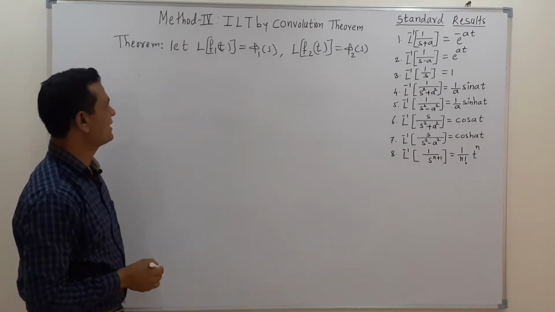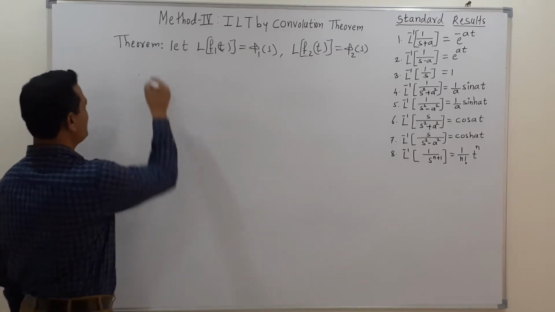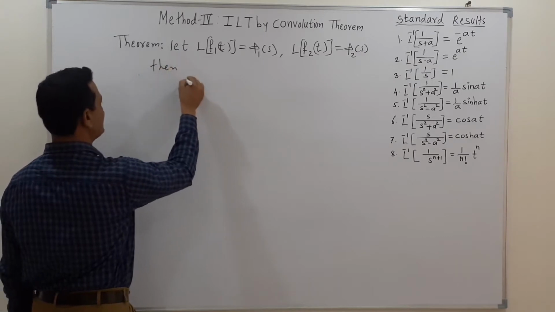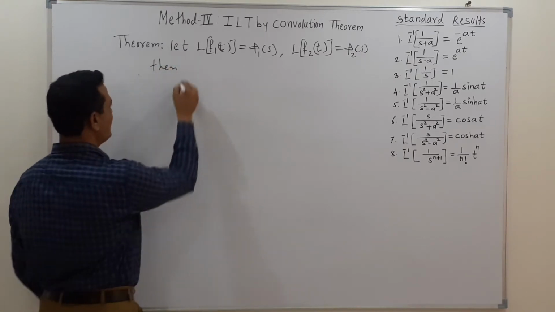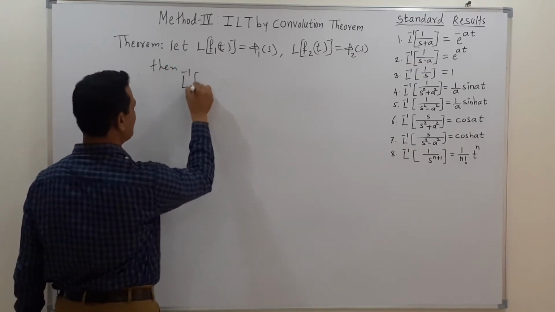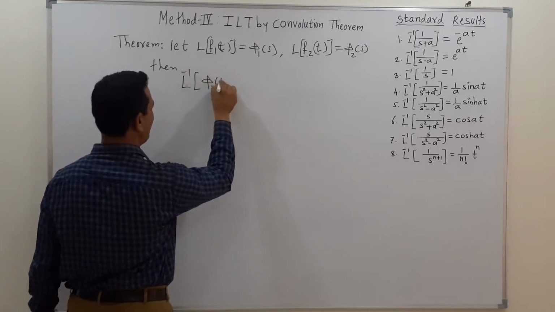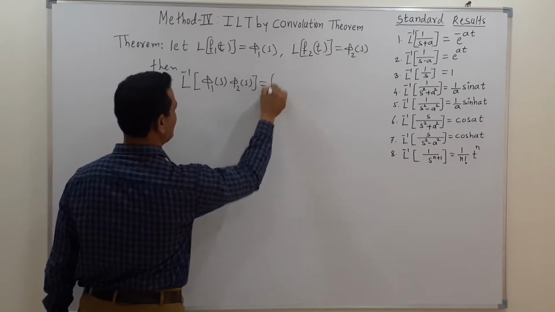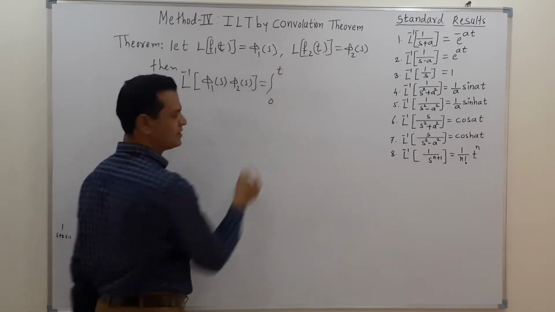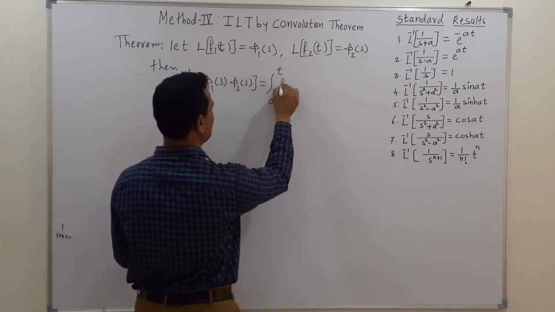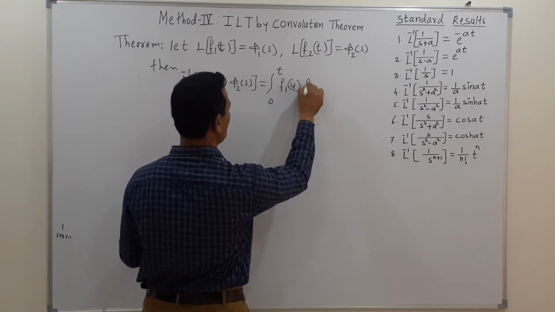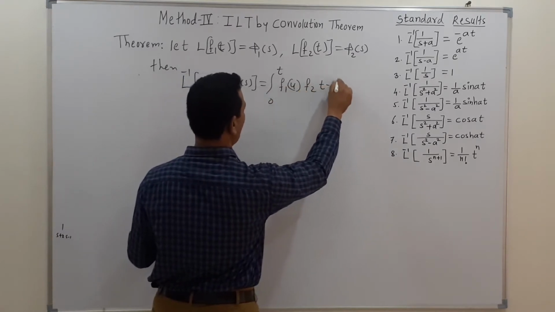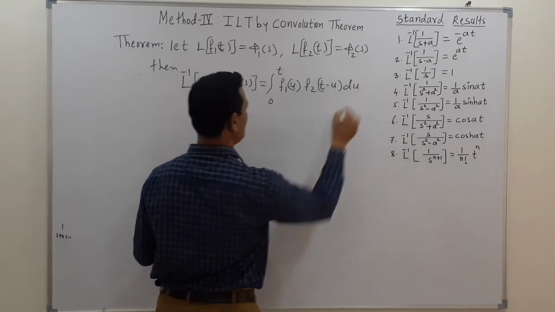Then the convolution theorem says that the inverse Laplace transformation of phi 1 of s into phi 2 of s is equal to the integration from 0 to t of f1 of u, f2 of t minus u du.